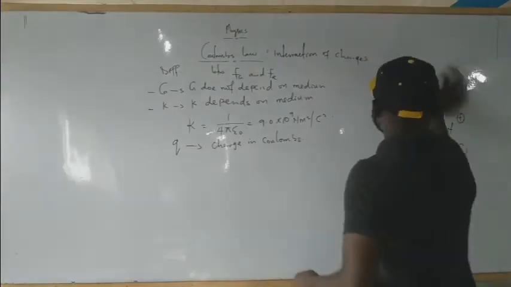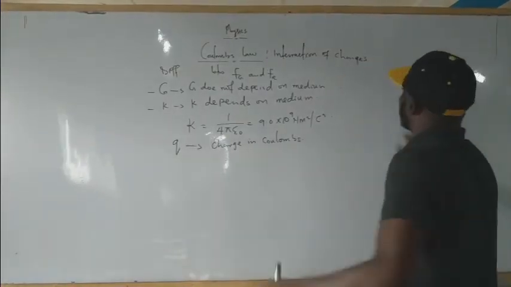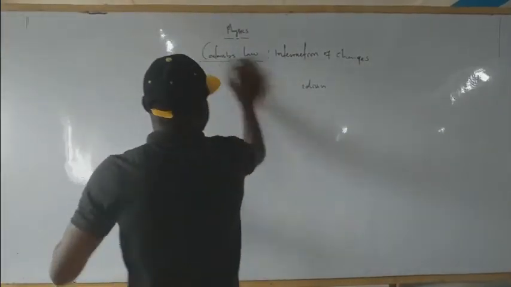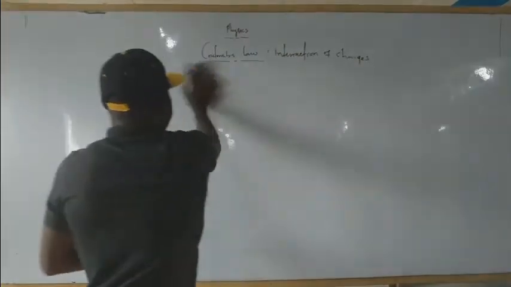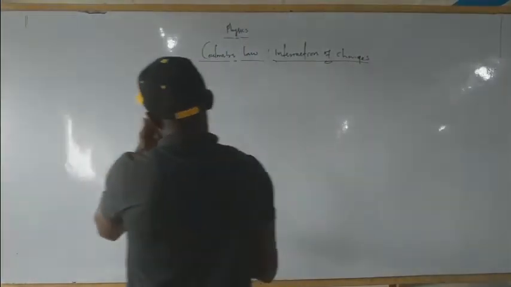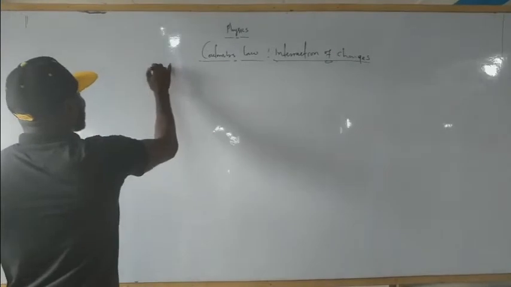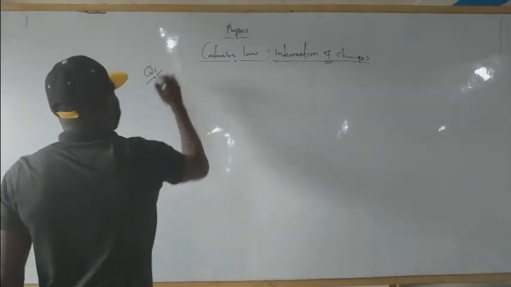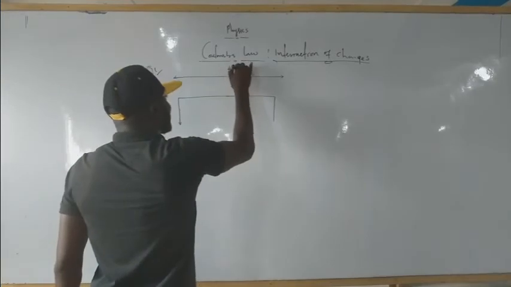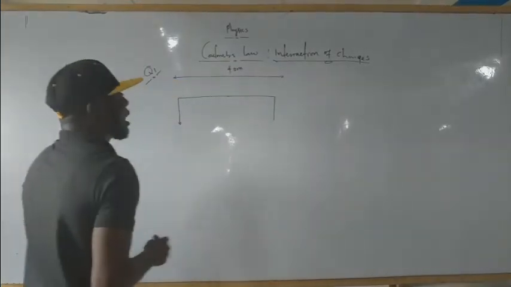So let's move further. Interaction of charges. Let's go. Question 1. This is 4.0 meter, that's the length of the bar.